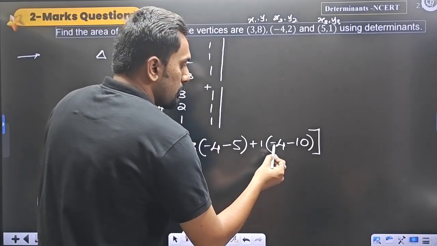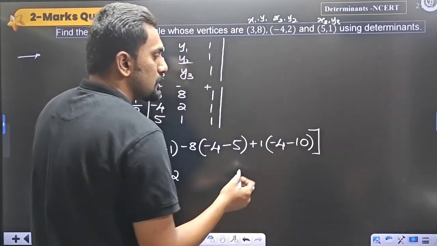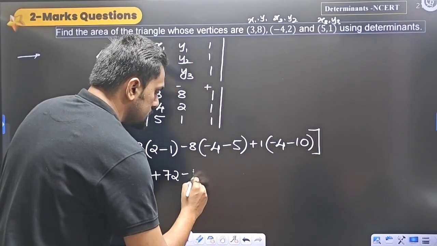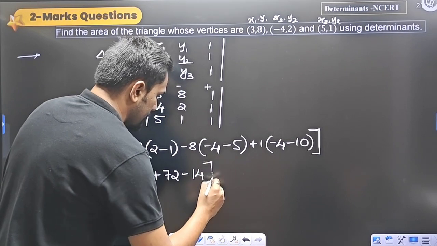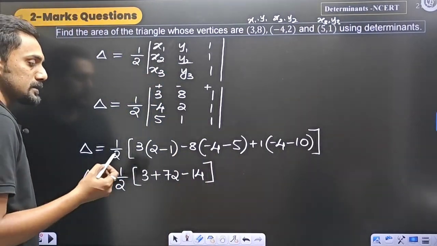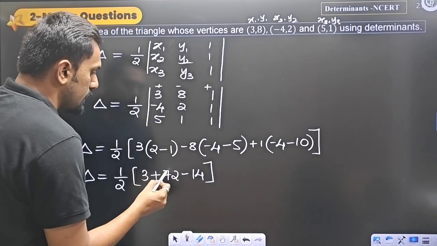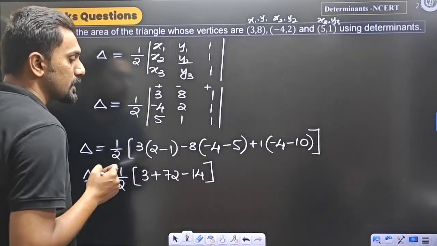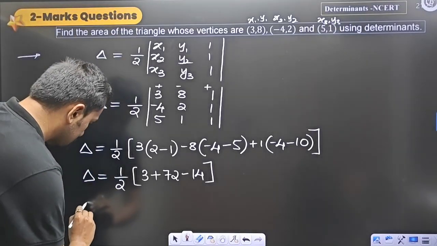Next, see, minus 4 minus 10 will be minus 14. Minus into plus is minus 14, right? Now subtract. 72 plus 3 will be 75. 75 minus 14 will be what?